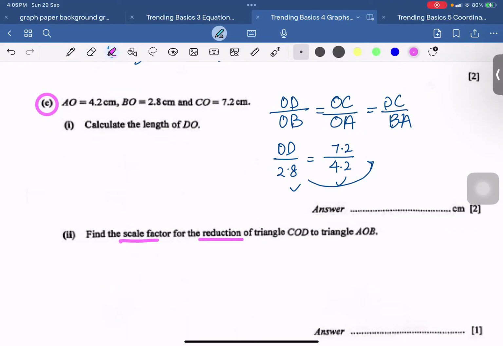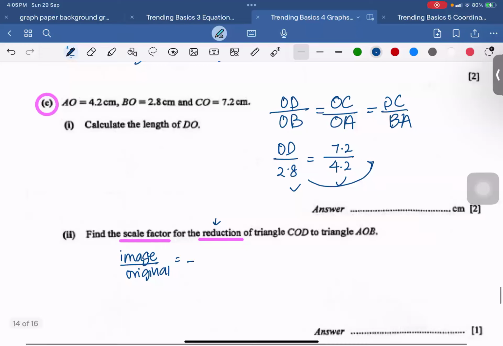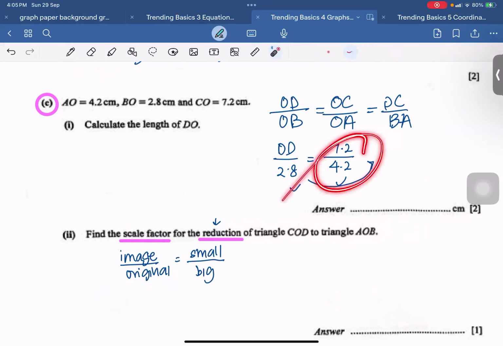When you talk about scale factor, it is image over the original. Since it's a reduction, the image will be a small value over the big value. Then you observe you have a pair of ratio, but they want small over big.